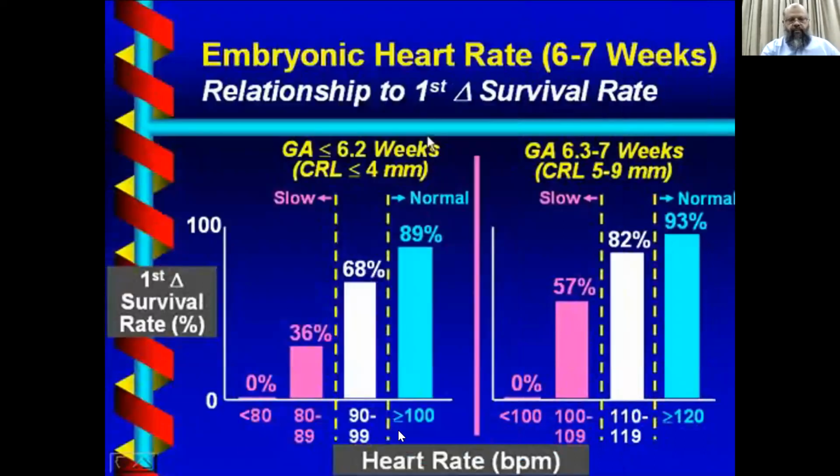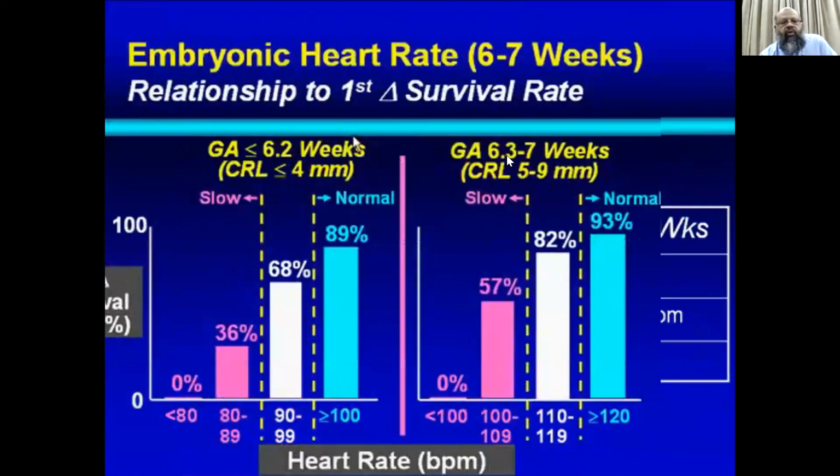Here you can see this graph shows that if the gestational age is below 6.3 weeks, 100 will be taken as the lowest normal limit, and 120 will be the lowest limit when it is 6.3 to 7 weeks. And above 7, we usually take 130 to 140 as normal.